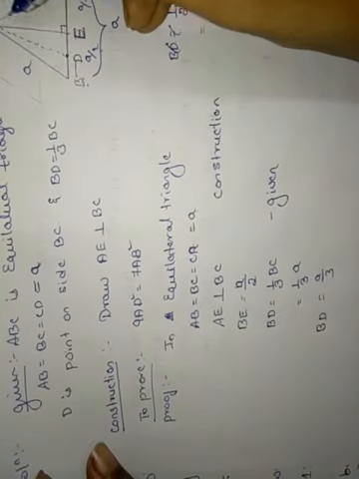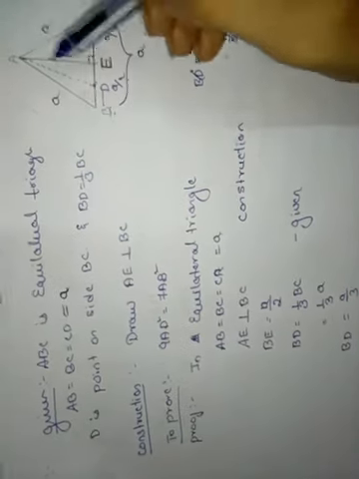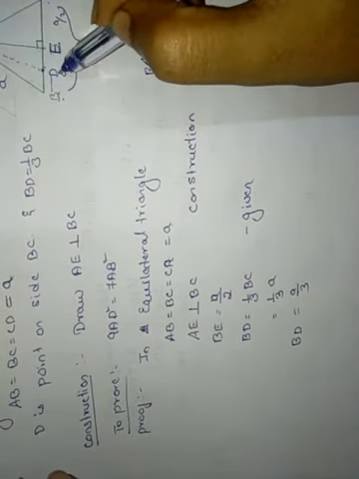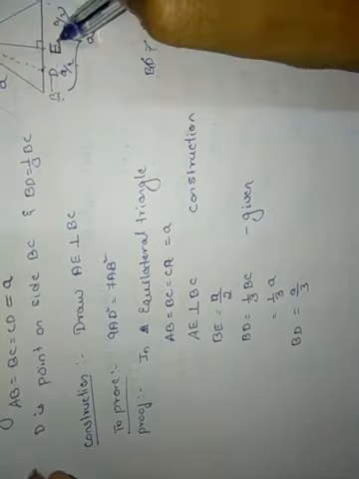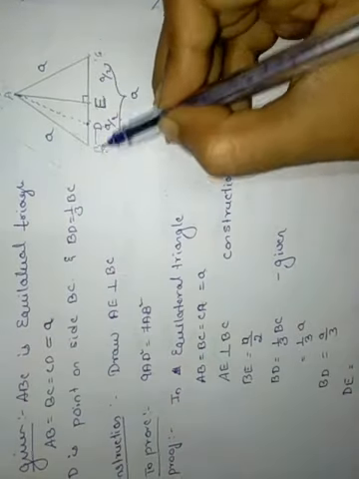Here we need to show that 9 times AD square is equal to 7 times AB square, right? So here I am going to consider only this part. For that, we got BD here. Next we need to get DE. You all know that we want DE, right? In BE I am going to minus BD. So we'll get DE here.